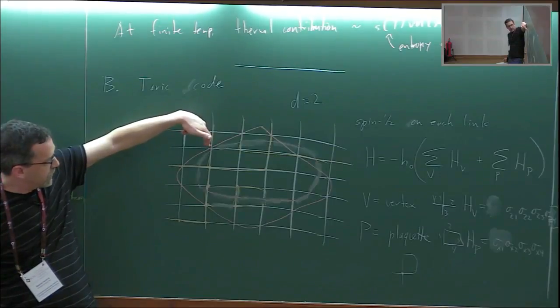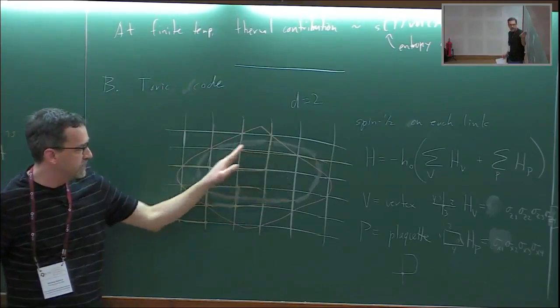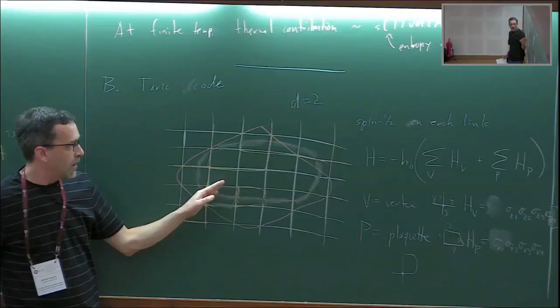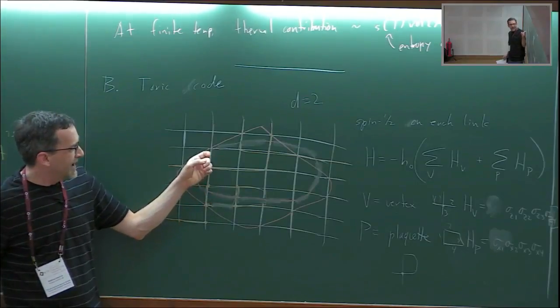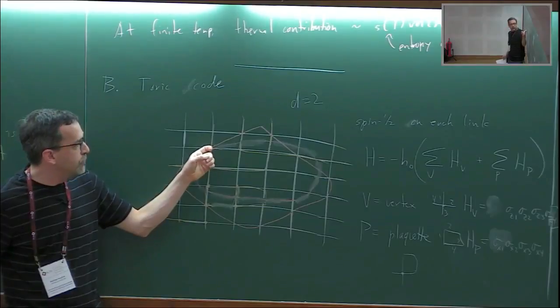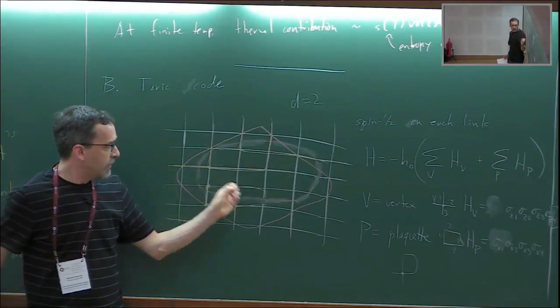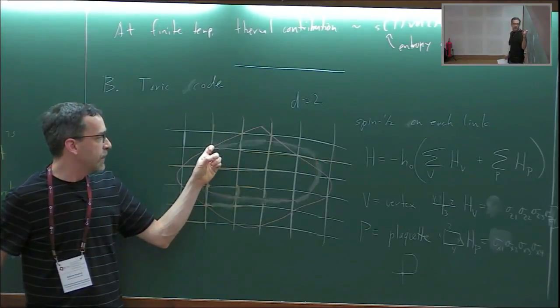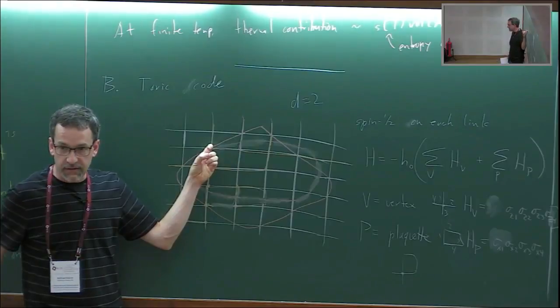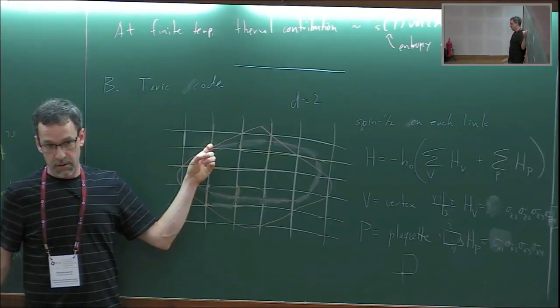So once you trace out the outside, you have some quantum state on the inside, which is going to be a mixed state because two pure states of the inside that have different flux numbers, let's say at this vertex, are essentially decohered with each other.